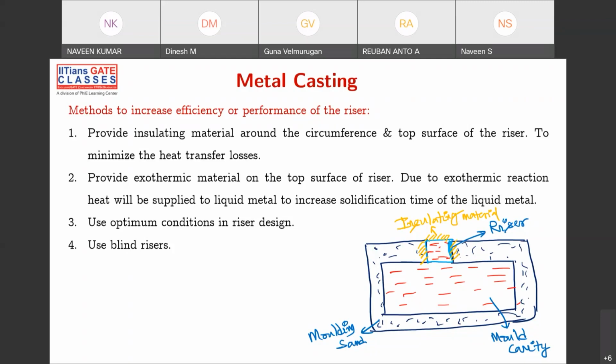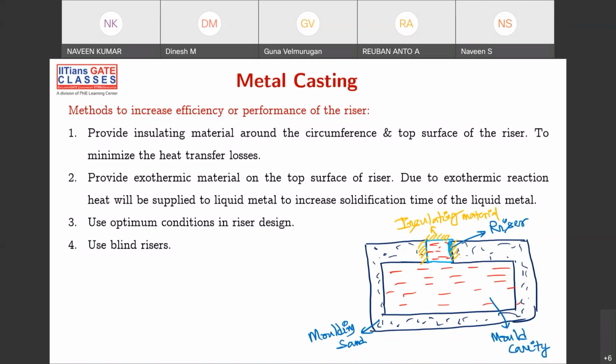To do that, we have to increase the heat. How do you increase the heat? Put some material which is exothermic, so that due to a chemical reaction, heat is generated. Because of that heat generation, both the heat and the solidification front are managed and directional solidification happens. The second important thing is that you can put exothermic material around the riser, so that if the riser is solidifying faster, this exothermic material will provide some heat.